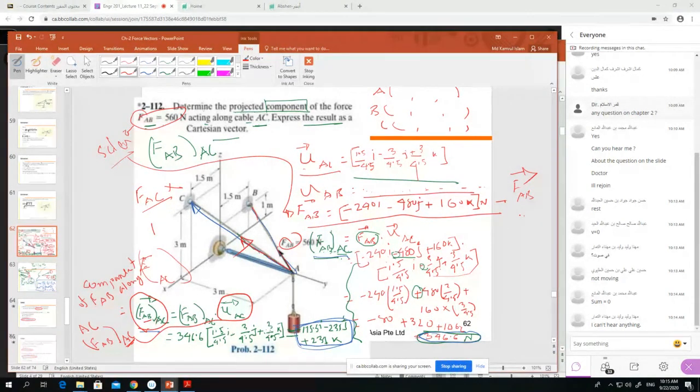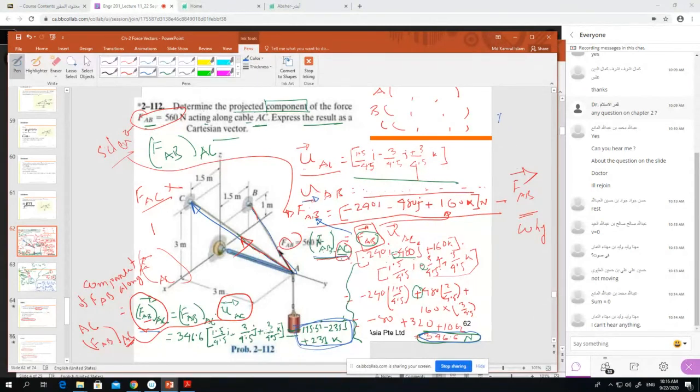Why did we make it a vector? My question is why? Because we want to find FAC, the force FAB along FAC. That's why we need this vector FAB. We need FAB vector, that's why we calculate it first.